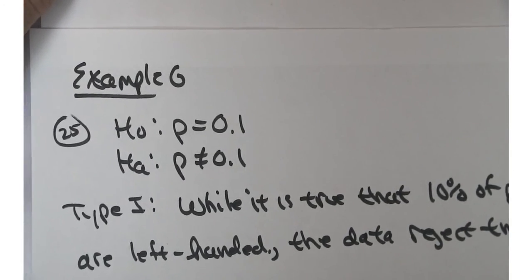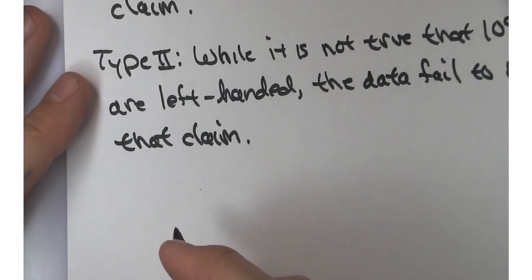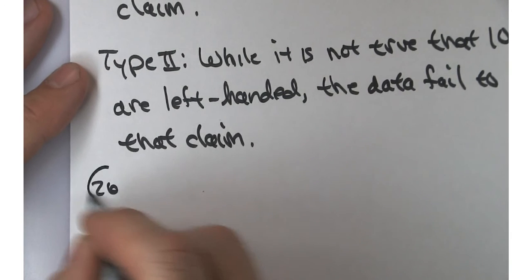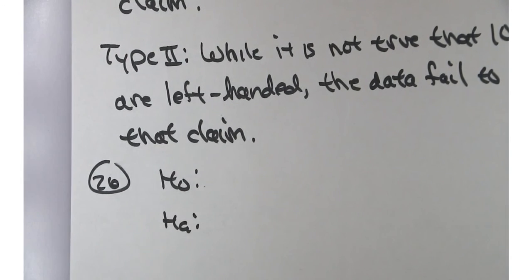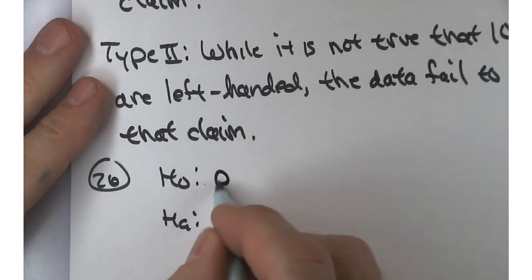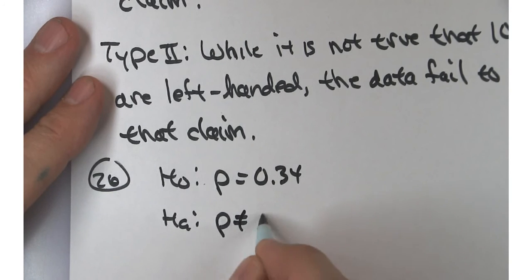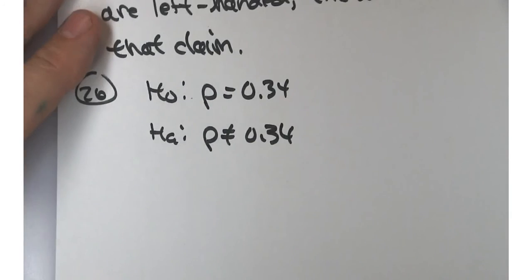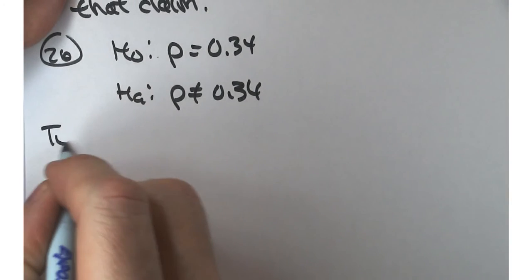Let's set up H naught and HA for this one. So this one's 26. Our original claim was that P is equal to 0.34. That's going to go here. The alternative is that it's not equal to 0.34. And now I want to state a type 1 and type 2 error.